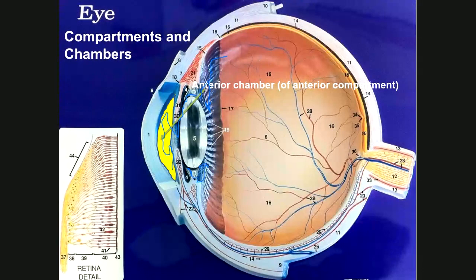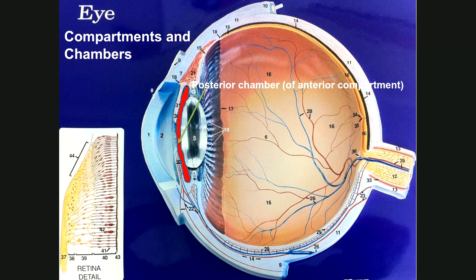Now it goes all the way around. There's not just one of them, but that's where it exits. So there's constantly new aqueous humor being made. It circulates, nourishes, picks up waste products, and then it exits. It's a one-way circulation.